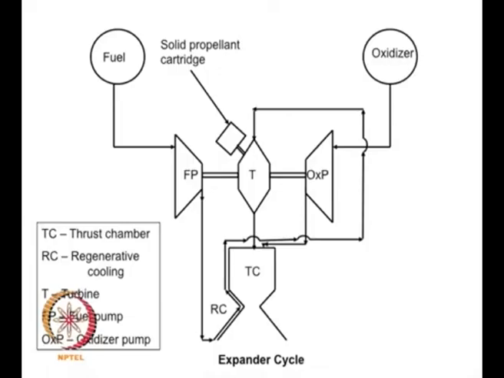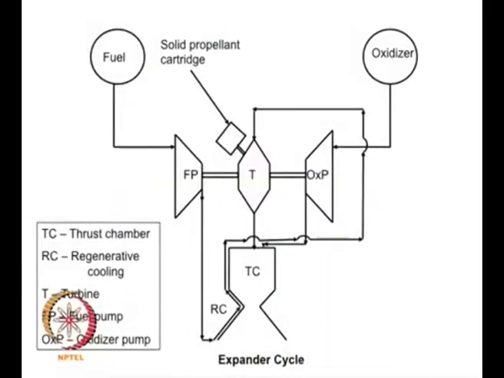Now, the expander cycle you can use only if you have a LOX hydrogen engine, primarily because if you look at hydrogen, if you pass it through the regenerative cooling jacket, the temperature at the end of the cooling after it passes through the cooling jacket will be so high that hydrogen will not be liquid anymore and it will be a gas at high pressure.